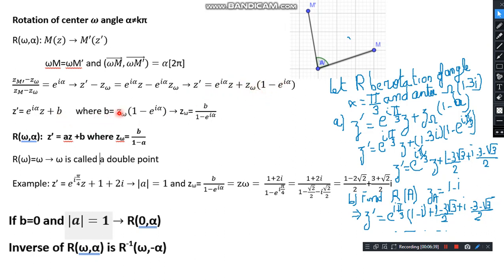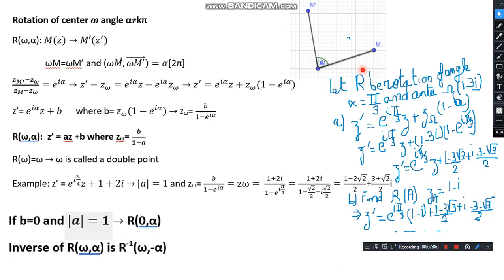And the center Zw is nothing else than B over 1 minus e^(i alpha). The center, as we said, is called the double point. So a rotation of center W and angle alpha is written Z prime equals AZ plus B, where the center will be Zw equals B over 1 minus A.